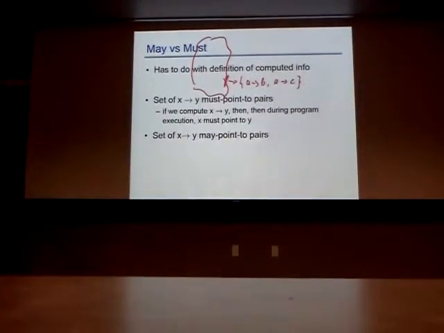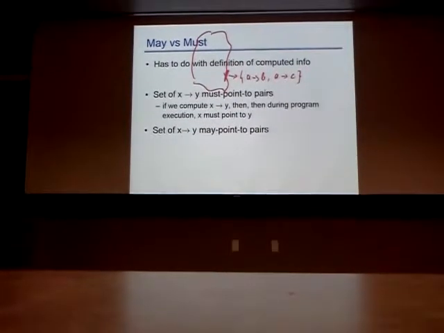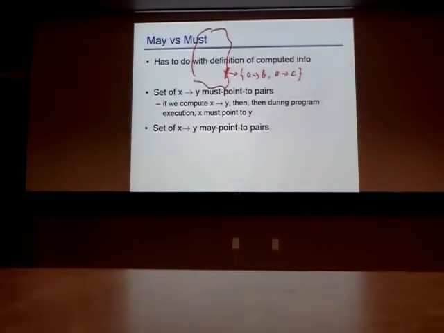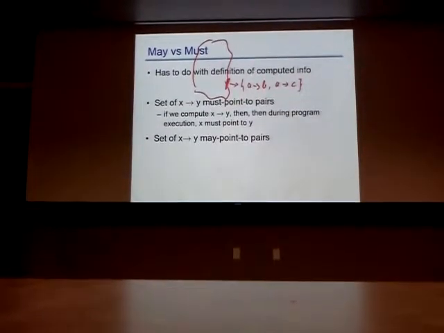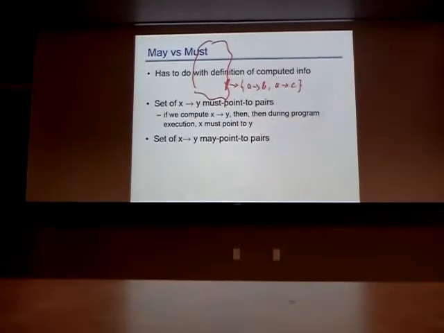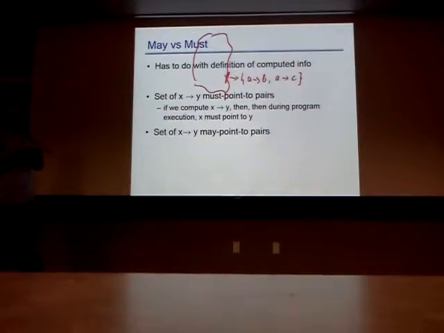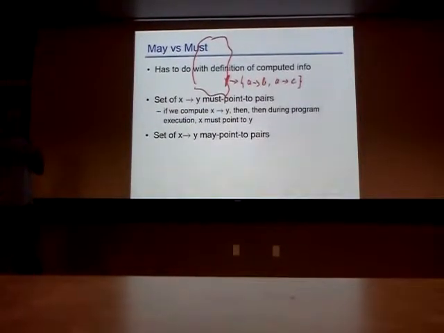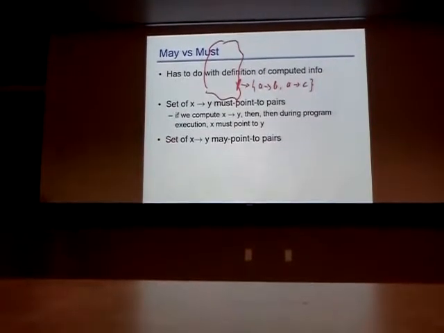But what this should tell you is that A does not point to anything else. Sometimes it's telling you that it can only point to B or C, but nothing other than that. So there's a sense of completeness that it should cover all the things that it may point to, but nothing more.